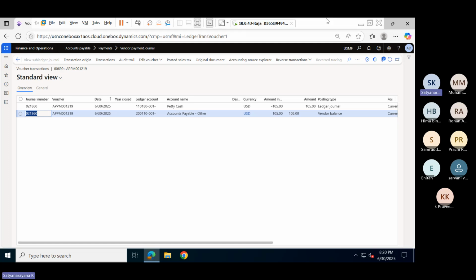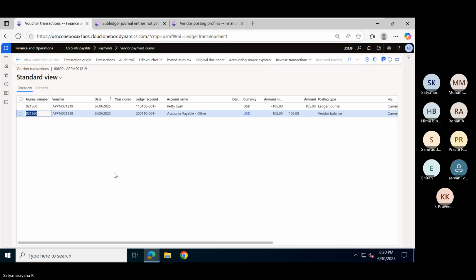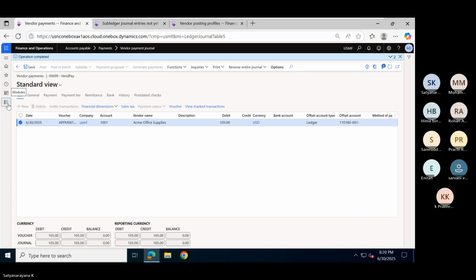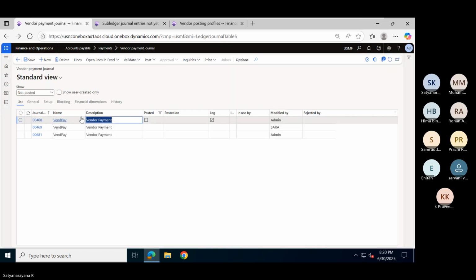So now let me show you vendor payment and customer payment in a different manner. Let me show you vendor payment again, but now I will show check payment. Accounts payable, payments, vendor payment journal.